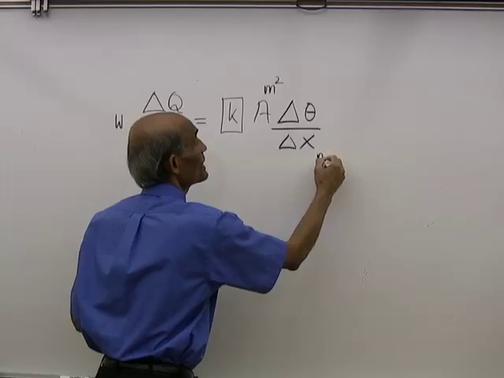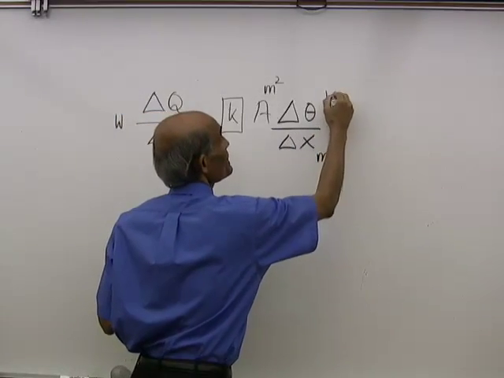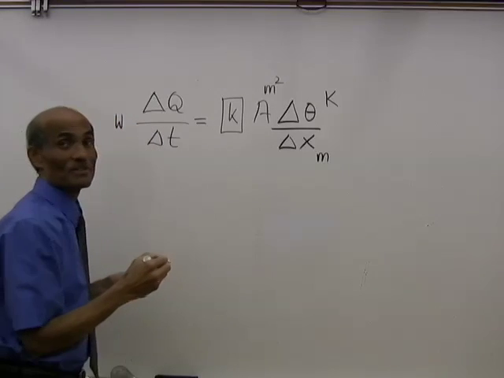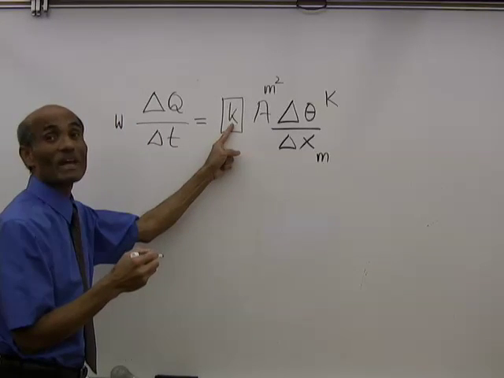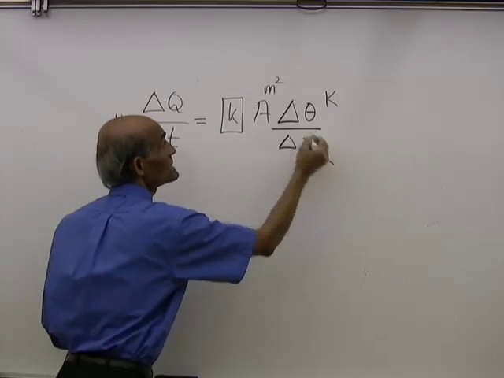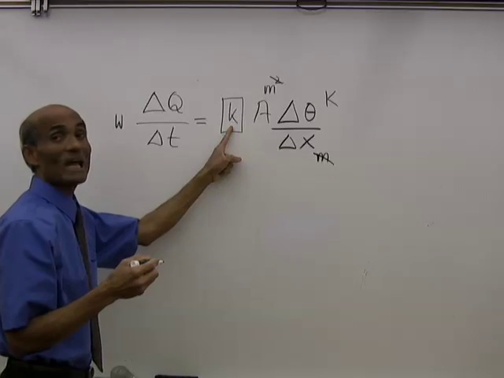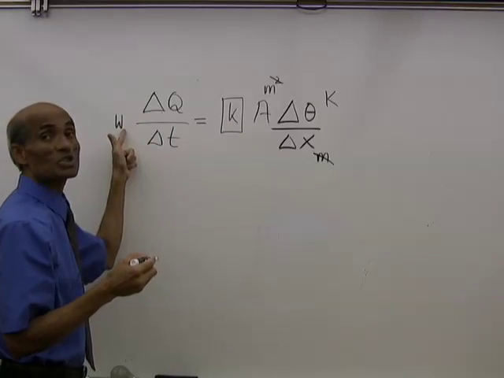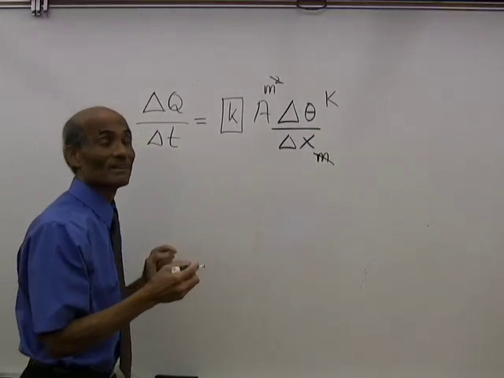Unit of delta x will be meter. Unit of delta theta will be Kelvin. So can you tell me what will be the unit of K? This meter and 1 meter will cancel. So the unit of K will be watt per meter per Kelvin.